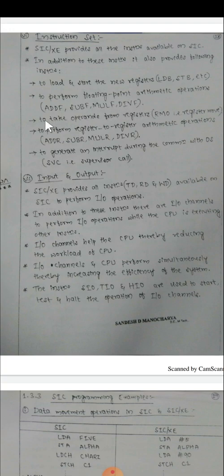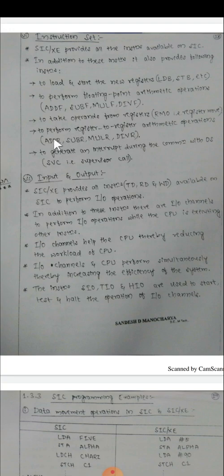And the third set of instructions are to take the operands from registers. It means that data is moving from register to memory. So that is register move, that is RMO. Then to perform register to register arithmetic operations, ADDR, SUBR, MULR, DIVR.